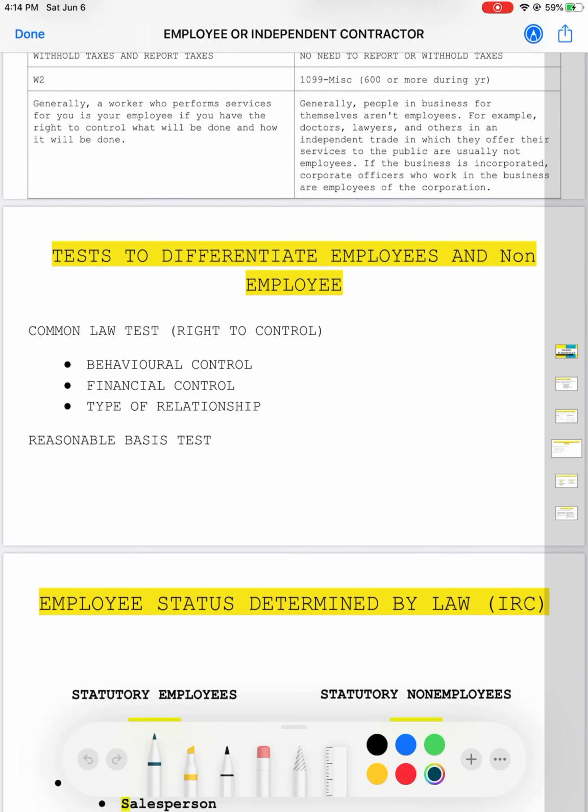There are tests to differentiate between the employee and the non-employee. These tests are the common law test and the reasonable basis test.